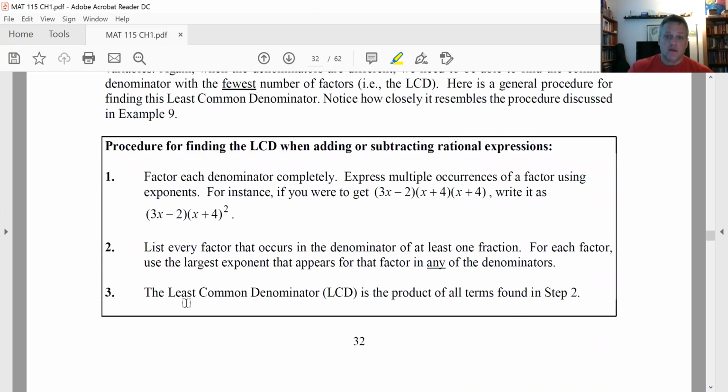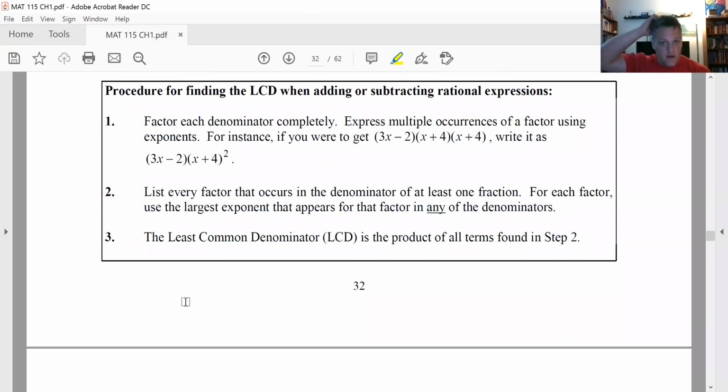The idea is you want to factor all of the denominators as much as possible. Then you list every factor that occurs in any denominator. So if you have 4 fractions and a factor occurs in any of those 4, you write it down as part of the LCD. Then you write down the largest exponent of that factor that ever occurs.